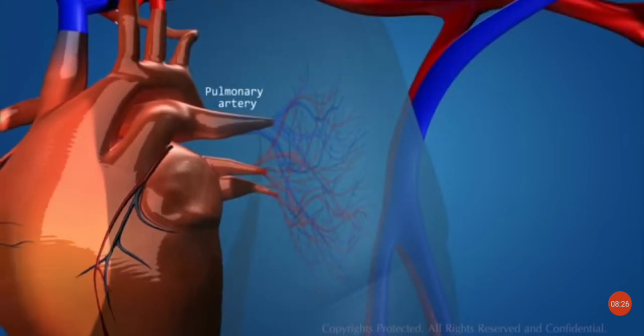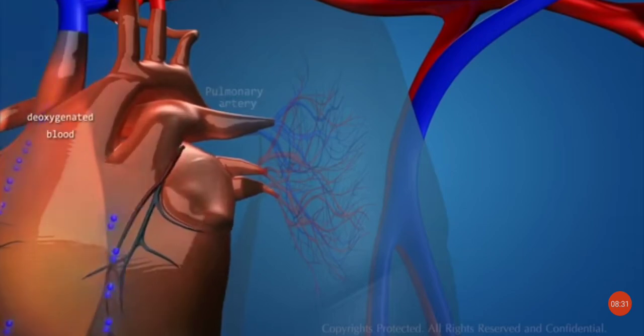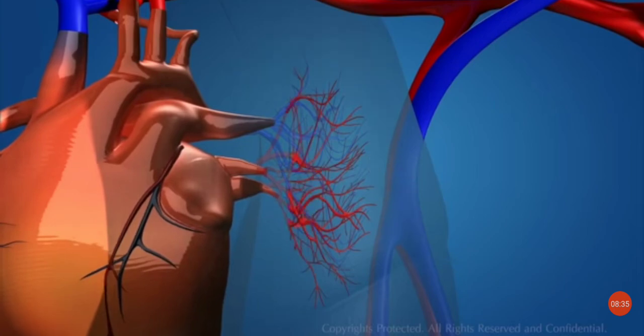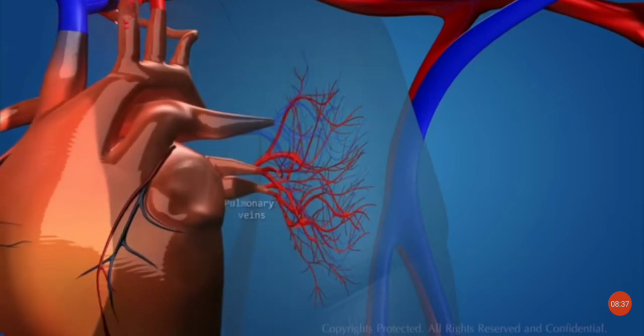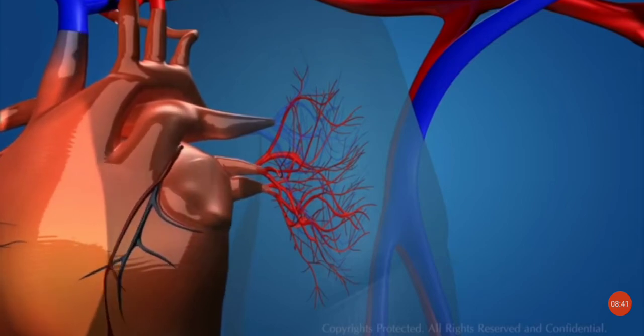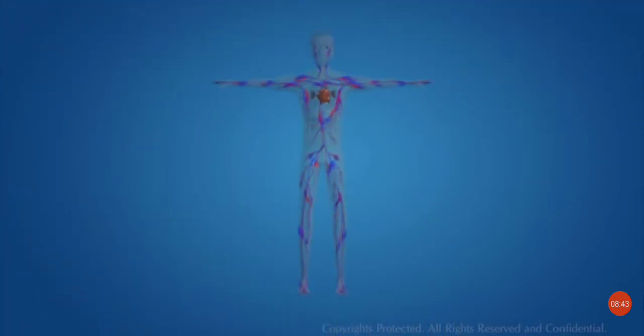The pulmonary artery carries the deoxygenated blood to the lungs for oxygenation. The lungs oxygenate the blood by exchange of gases, and it flows back into the heart through the pulmonary vein, and the circulatory cycle starts all over again.